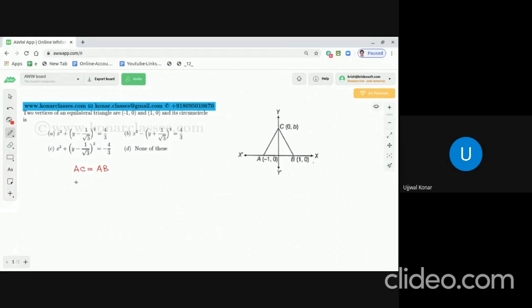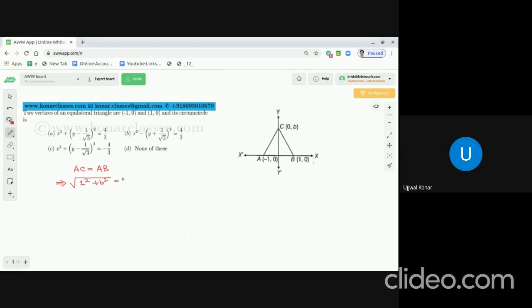For example, if we take AC equal to AB, what is the value of AC? This is the square root of (0 minus 1) whole square, that is 1, plus (b minus 0) whole square, that is b square, and this is equal to AB. AB, we see, is actually 2 units, correct?